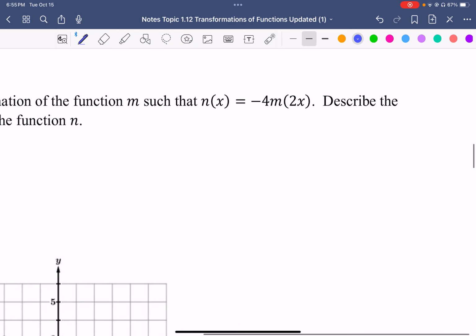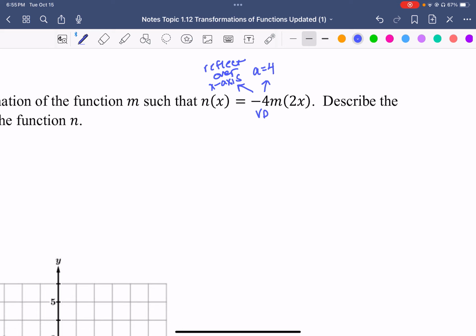Okay, so the first thing I see is a negative. I know this negative is happening outside of the parentheses, so that's going to be a reflection over the x-axis. Next, I see this 4. That 4 is being multiplied outside of the parentheses, so I know that's going to be a vertical dilation, which is the letter A, and everything outside is always exactly what it appears, so that means A is 4.